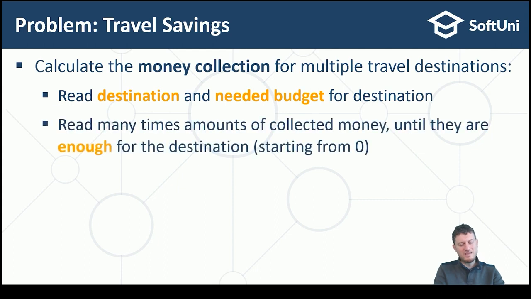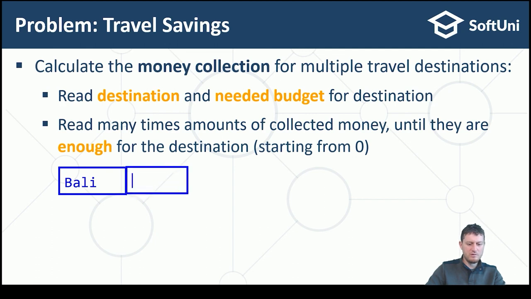And many times the program should read some amounts of collected or saved money until the money is enough. So the idea is that I want to go to Bali. It will cost, for example, 5,000.